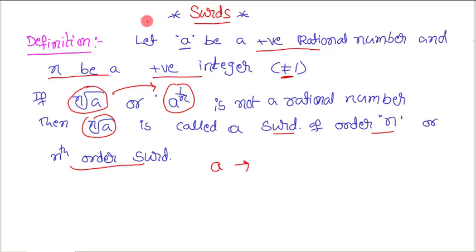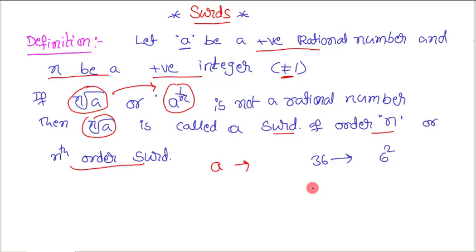So let me take a simple example. If you take the number 36, 36 is a rational number and 36 can be written as 6 squared, but it cannot be written as a cube of any other number. It cannot be written as the third power of any other number.